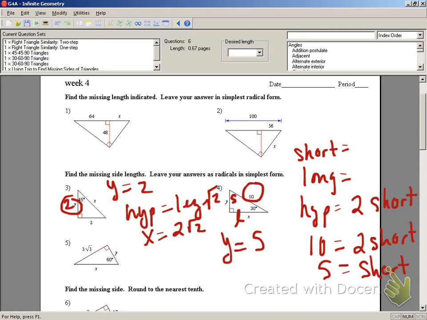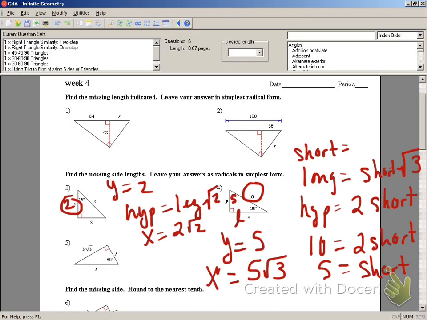And then our equation for long is the short times radical 3. So once I know what the short side is, all I have to do is multiply it by radical 3 in order to get the long side. So x, which is my long side, equals 5 times radical 3. And there's no other math that has to be done on that particular problem.